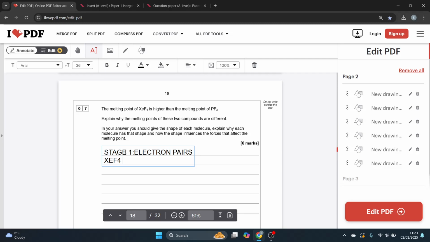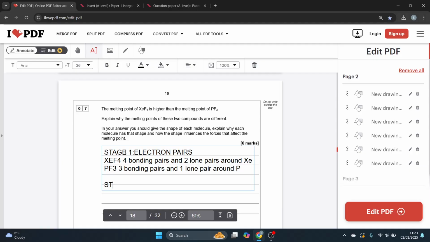So XeF4, well, it has 4 bonding pairs and 2 lone pairs around Xe. PF3 has 3 bonding pairs and 1 lone pair around P. Stage 2, explanation of shapes.